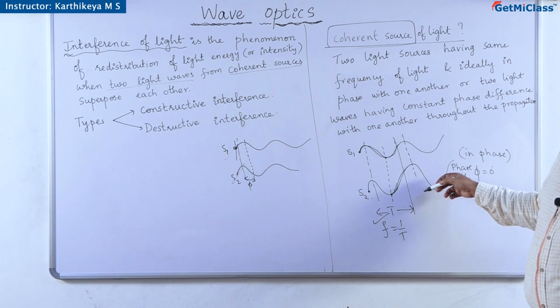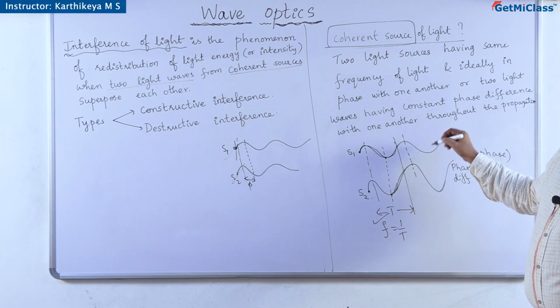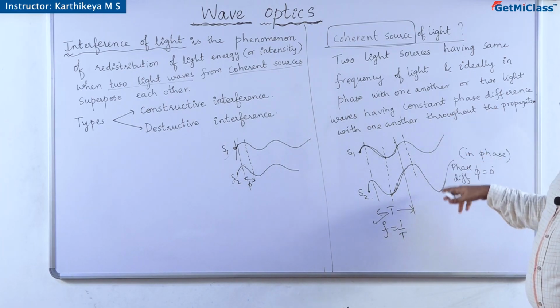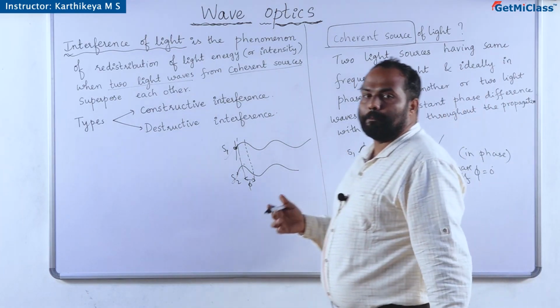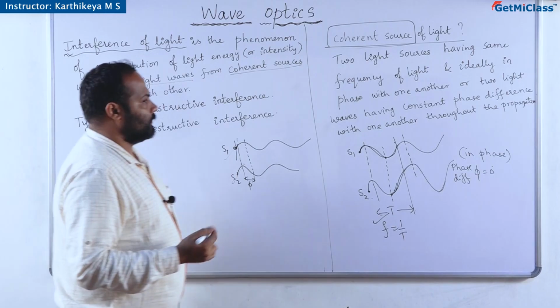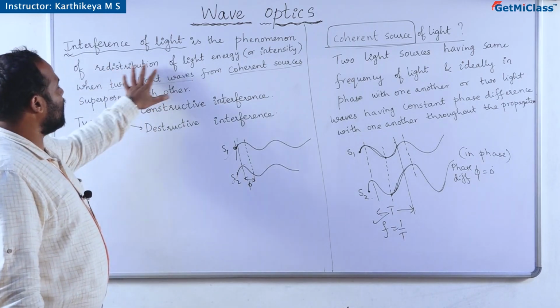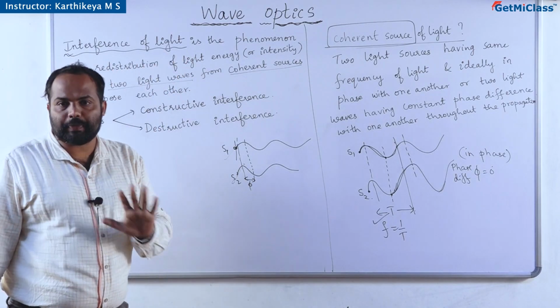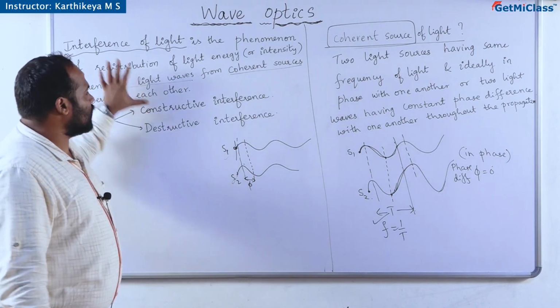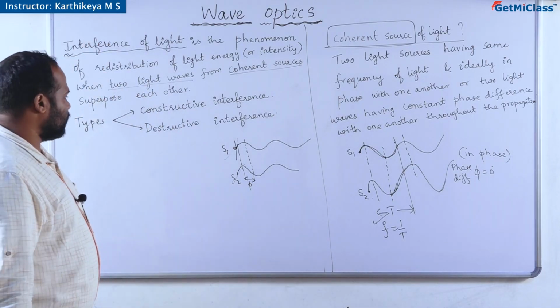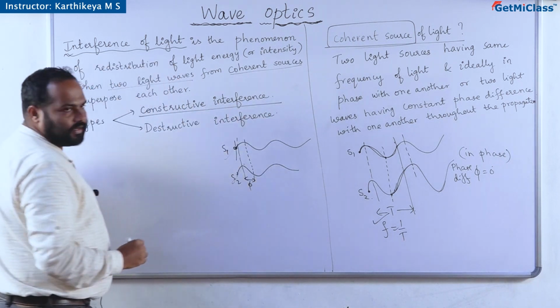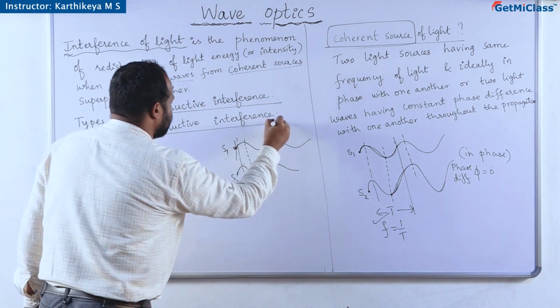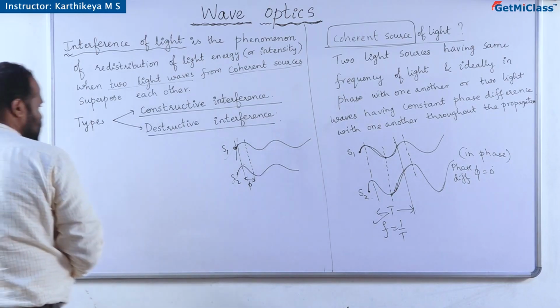Ideally, the phase difference between the two waves is 0, and you will get a lot of bright patches, or redistribution of the light energy will be more specific. That is what we call interference of light. There are two types: constructive interference and destructive interference.